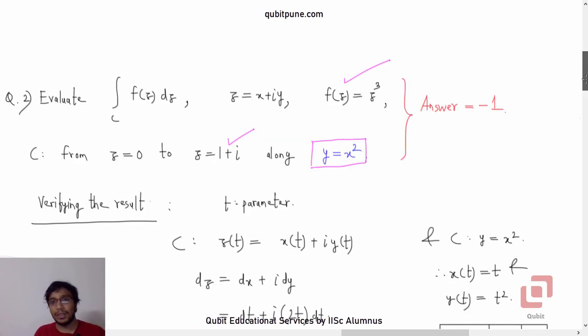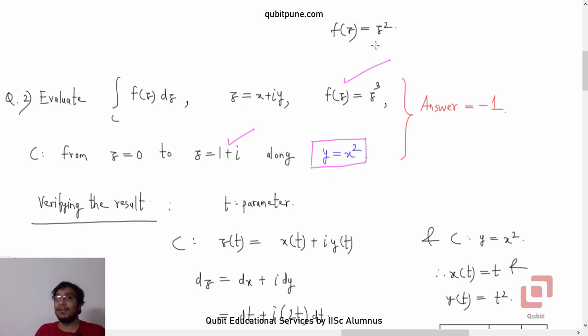Now sometimes, to confuse you, in addition to the parabola y equal to x squared, they also set f of z to be z squared. But don't get confused. f of z equal to z squared has nothing to do with y equal to x squared.